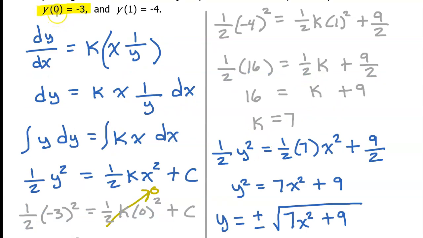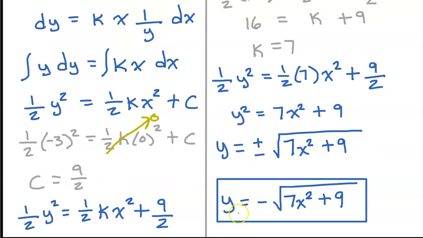When x is equal to 0, y should equal negative 3. So if we let x equal 0, we will have the square root of 9, which would by itself be positive 3. The only way we're going to get negative 3 for the answer is if we put a negative in front of it. The solution that satisfies the initial conditions is y equals negative square root of 7x squared plus 9.